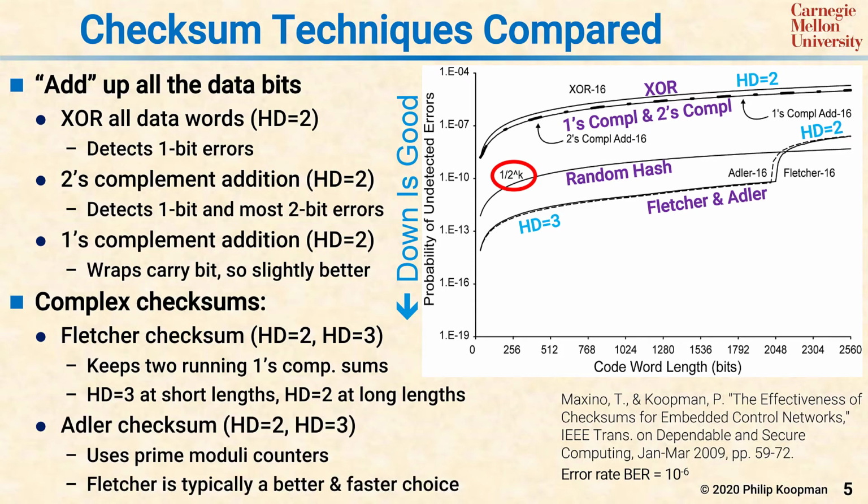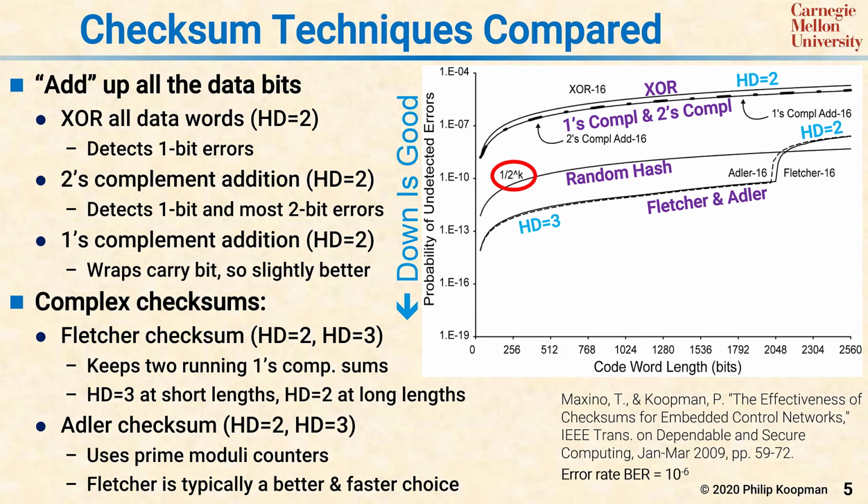An Adler checksum is the same idea as a Fletcher checksum, except when the counters roll over in a Fletcher checksum at the values of 255 in a 16-bit Fletcher checksum, the Adler checksum wraps the counters around at a relatively prime modulus, which gives you somewhat better mixing, but at the cost of having a couple values that are never really used.